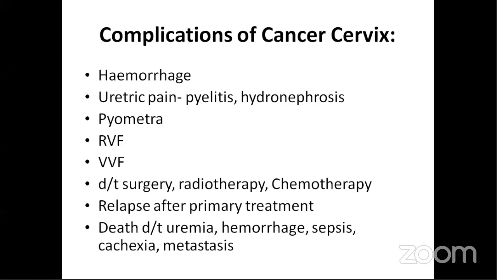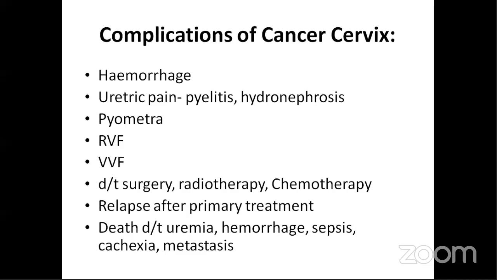And because the cervix is involved, the os can get closed and that can result in pyometra. Also rectovaginal fistula and vesicovaginal fistula can result, which can be a result of treatment procedures like radiotherapy, or because of infiltration by tumor cells.